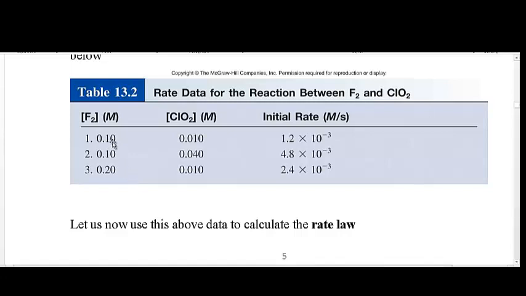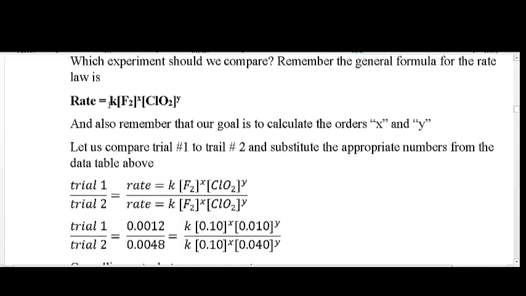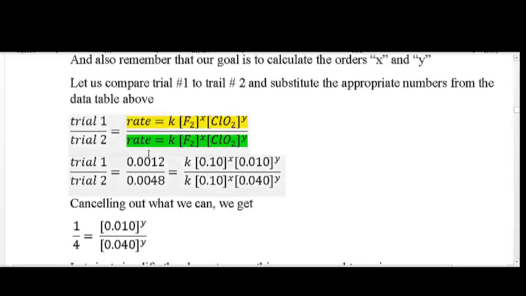compare experiment 1 and 2. So if we compare experiment 1 and 2, remember our goal is to find K as well as find the exponents, order X and order Y. So let's compare experiment 1 and 2. So that's the rate law for experiment 1, and this is the rate law for experiment 2. I'll highlight that in green. So the rate for experiment 1 was 0.0012.